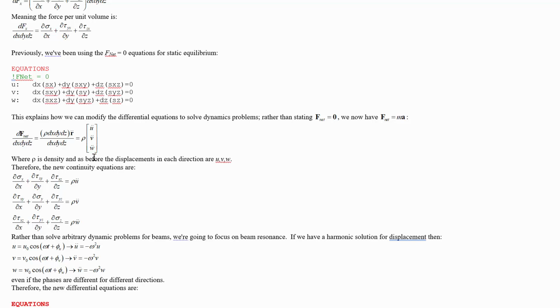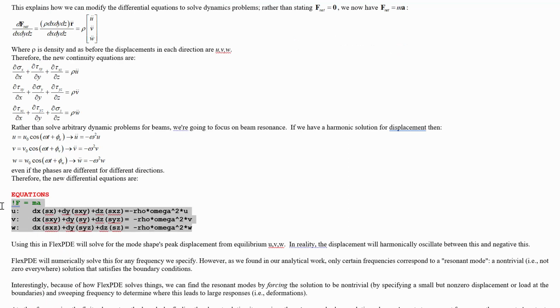But we can do a trick by saying, again, let's assume a harmonic solution. And just like before, if we assume that the displacement in each direction is oscillating harmonically according to some sinusoid at an arbitrary phase, then the second derivative of this displacement in time is going to be equal to the displacement multiplied by negative omega squared.